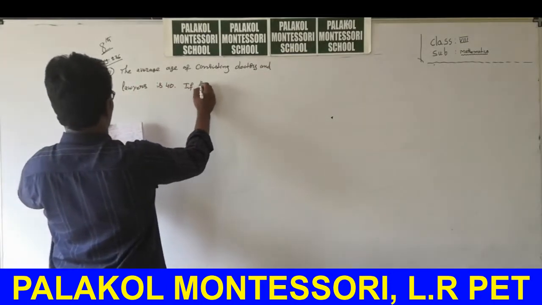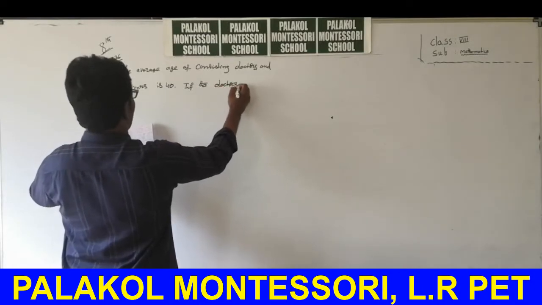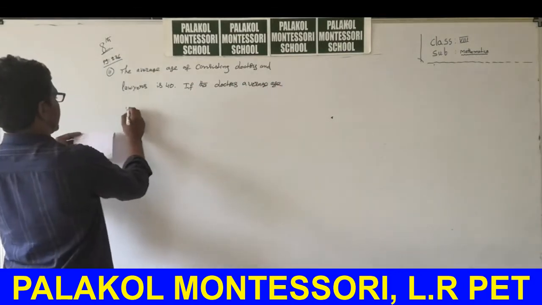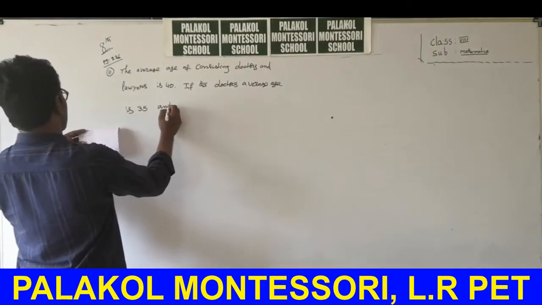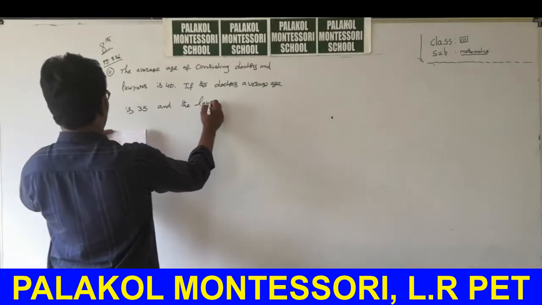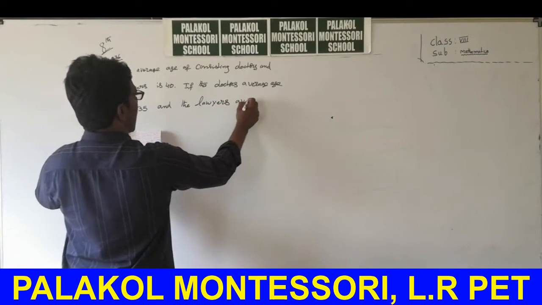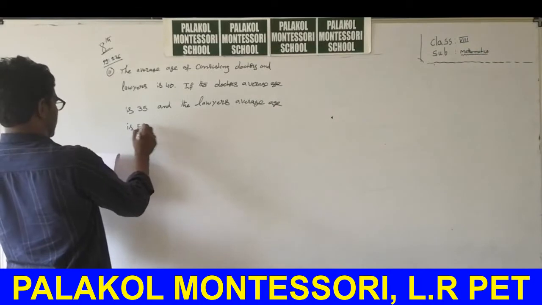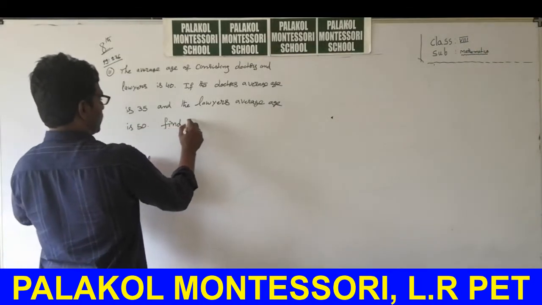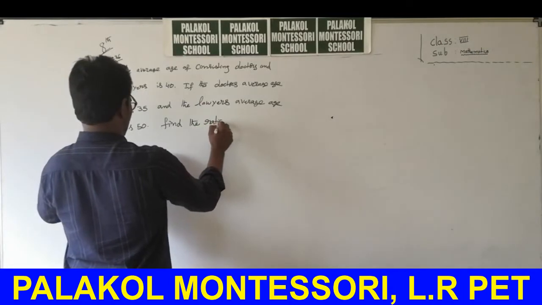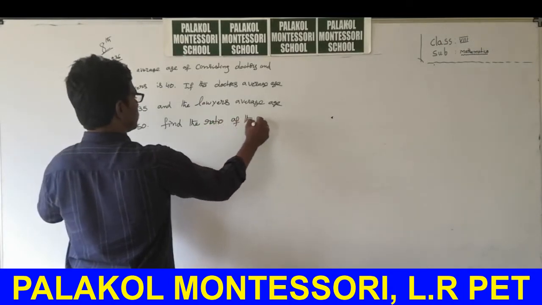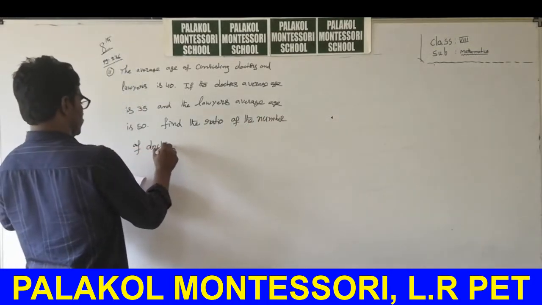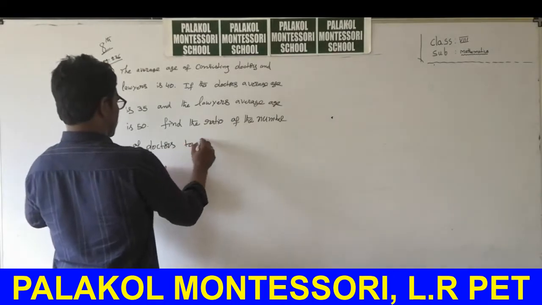If the doctors' average age is 35 and the lawyers' average age is 50, find the ratio of the number of doctors to the number of lawyers.